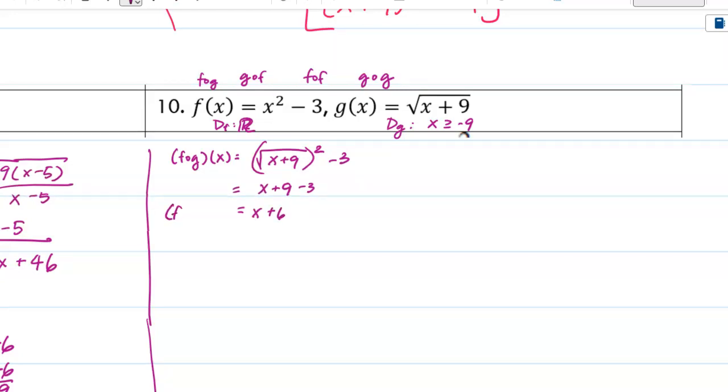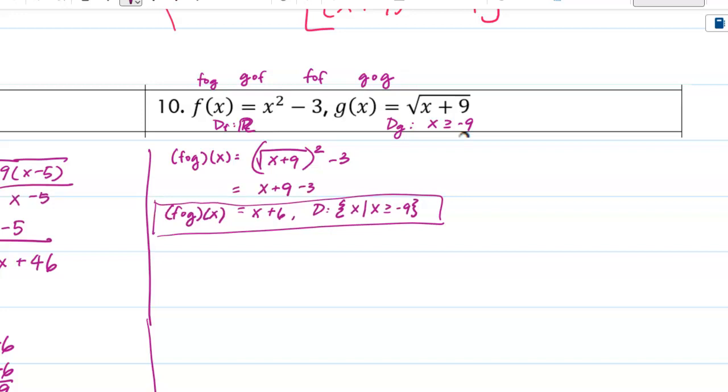We have a linear function, but we know that that linear function got created from the composition of two functions. So what was the input function and what was its restriction? That x had to be greater than or equal to negative 9. So x such that x has to be greater than or equal to negative 9. Here is the correct answer.